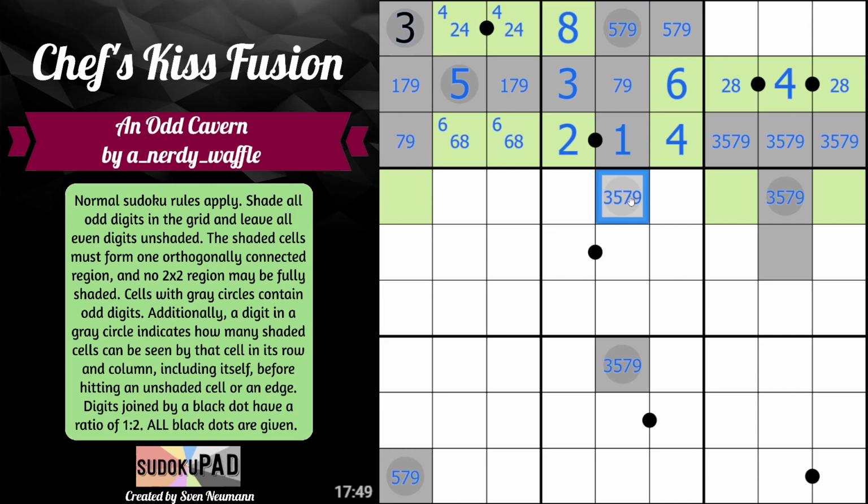Okay, well, actually, I can already eliminate 3 from here because this sees 4 gray digits already. If this was 5, then... I do not know what I was thinking there.